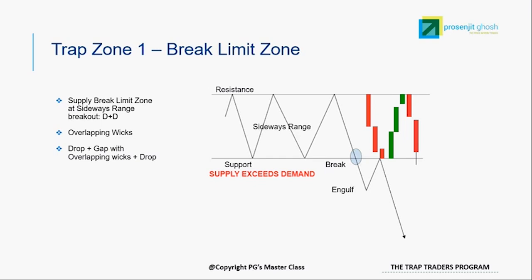And then what happens the next day? Price gaps down below the support and creates an overlapping wick and drops, right? And engulfs the support. So when this happens, we can mark the wick's lowest point and highest point with my proximal and distal line, and when price returns to this, I am going to take a short trade.